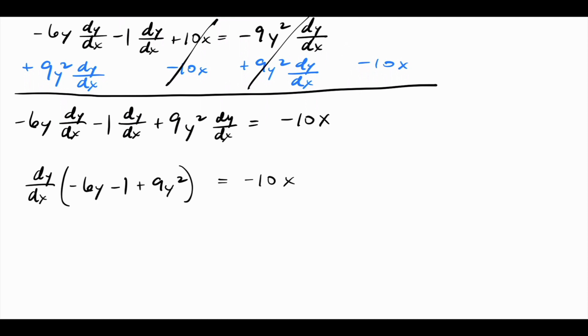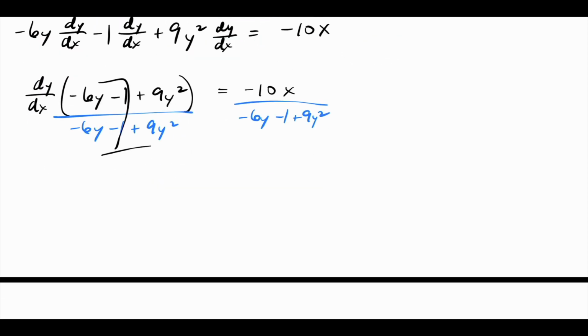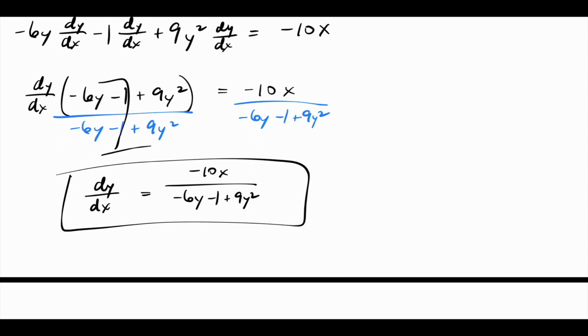Divide. So we get dy dx equals negative 10x over negative 6y minus 1. Done.